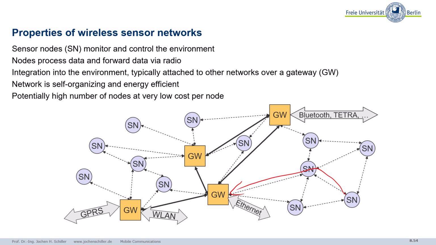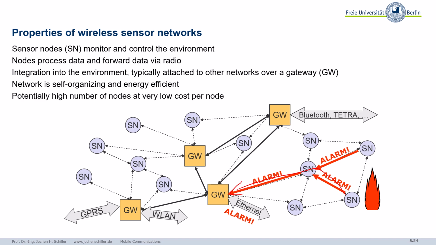The network is self-organizing, but you need at least some kind of gateways that then connect this to other networks. So if there's a fire in some region, some or several nodes will report this. Maybe they collect the events, the alarm, forward the alarm. That's the idea. Low-cost devices, some euros, some dollars, that's it. But at least able to perform some simple routing, some forwarding of the data.